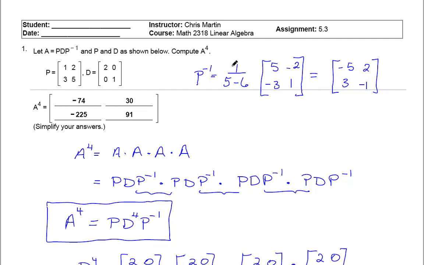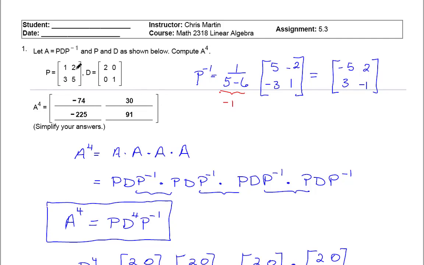P inverse we had from a formula before, and that was 1 over the determinant of P. Well, the determinant of P here is 5 minus 6. So I get a negative 1 from this part. So that part is a minus 1. And then to get the inverse part, we swap these two on the diagonal, so a 5 and a 1.